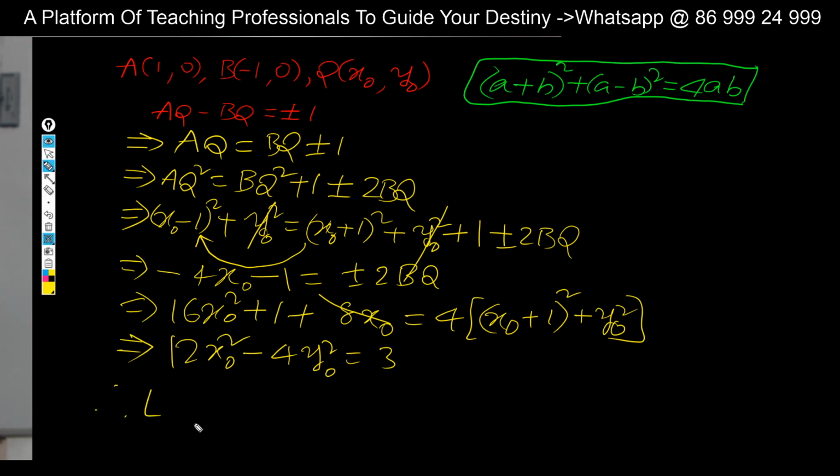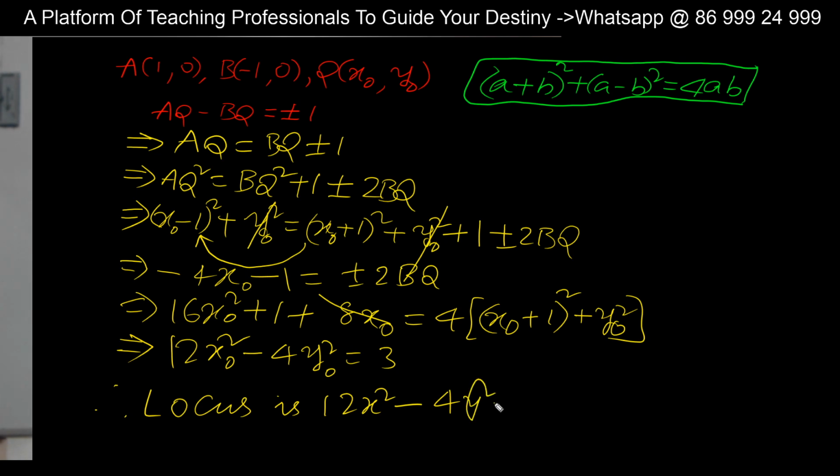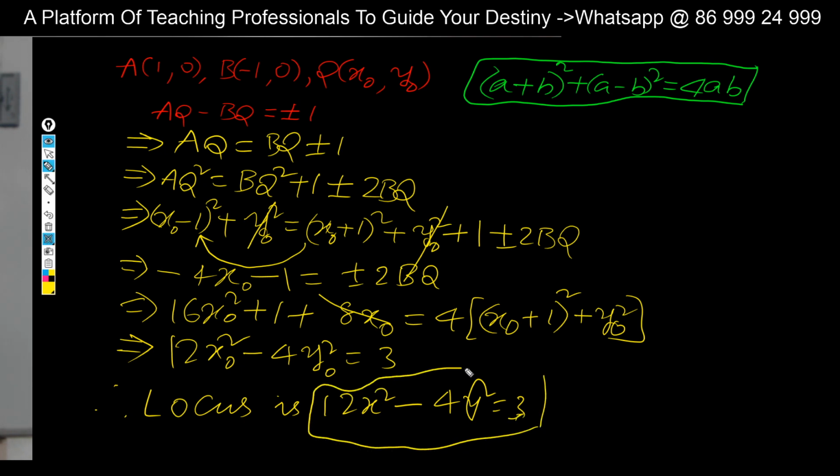Therefore, the locus is x square minus 4y square is equal to 3, which is the final equation of the locus.